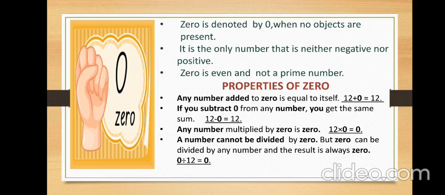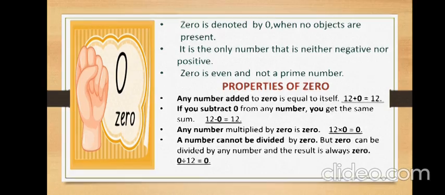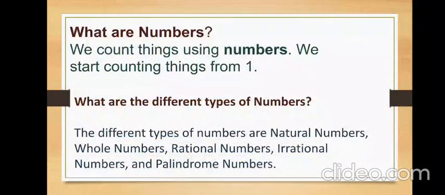This is about 0. And next, what are numbers? Yes, numbers are what we use to count values. We start counting from 1, 2, 3 and so on. Okay children, what are the different types of numbers you know?